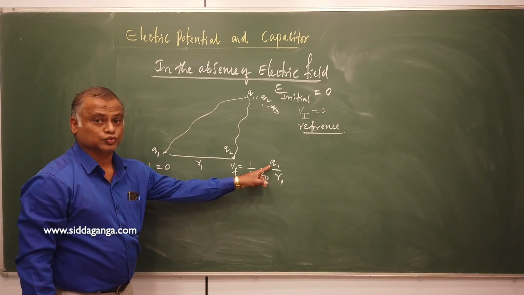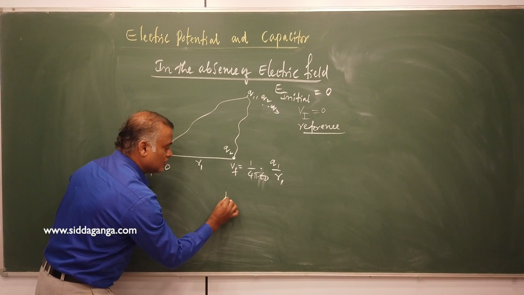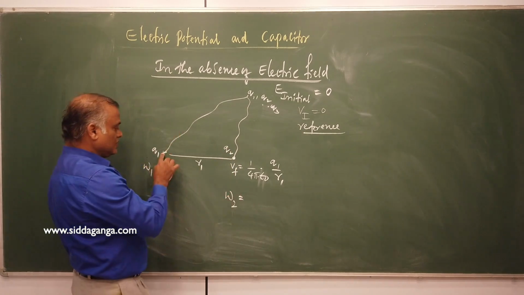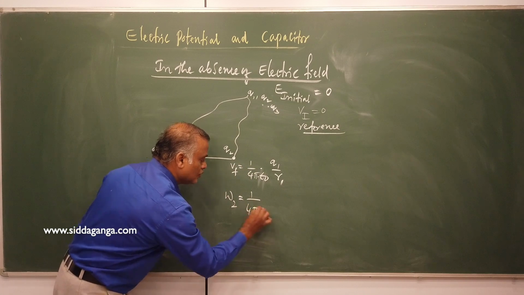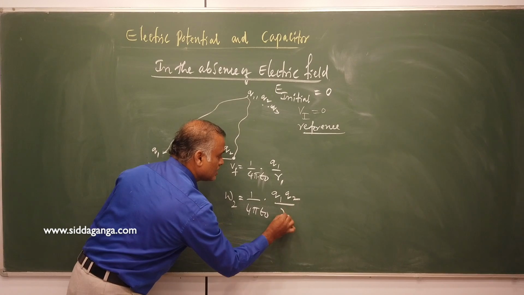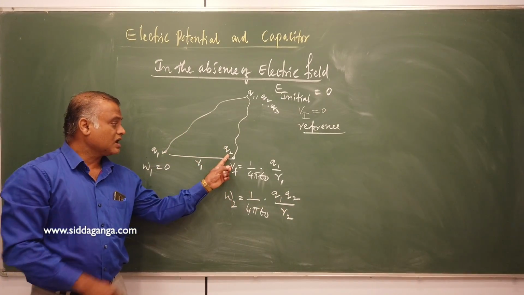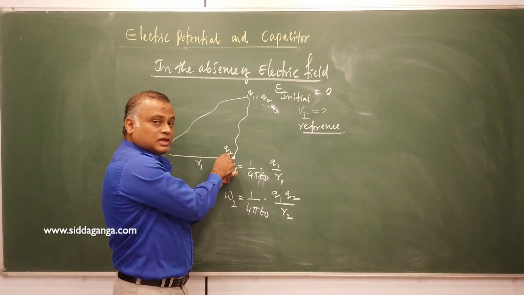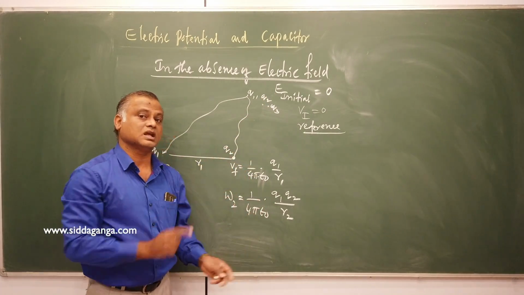Q1, not Q2. Initial is 0, final is 0. We have done the work that is equal to, for a system of 2 charges as done in the previous, 1 by 4 pi epsilon naught Q1 Q2 divided by R2. This is work done for bringing Q2 from infinity to the point of consideration. How we got it? You can refer to the previous derivation.